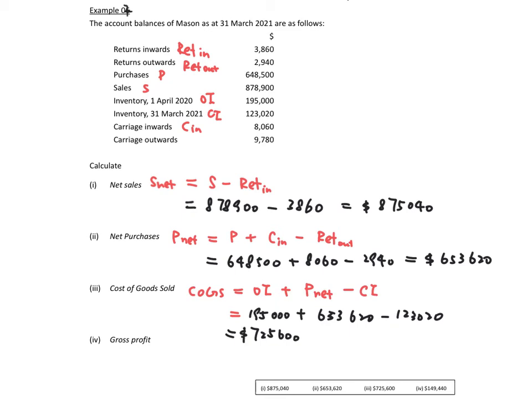The last one is the gross profit. Remember now for the gross profit, we have the net sales, and then minus the cost of goods sold.